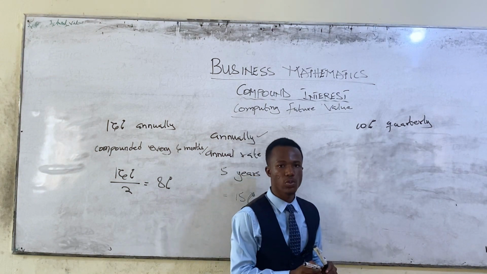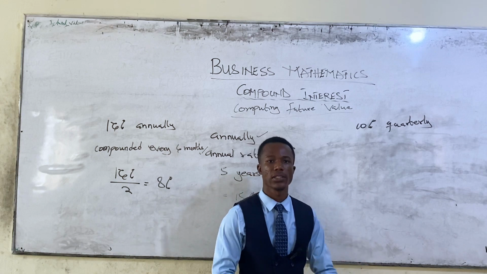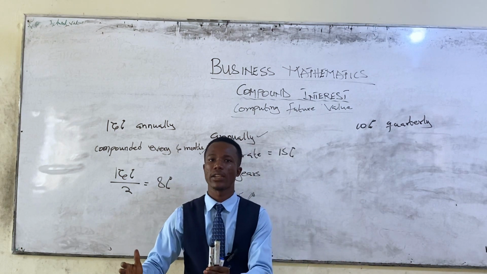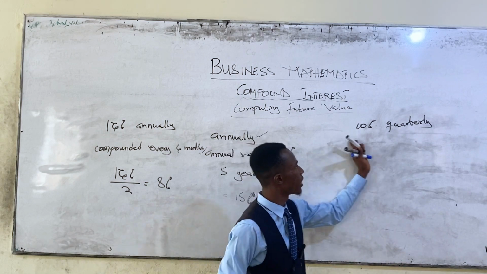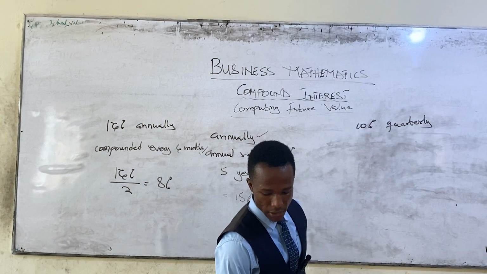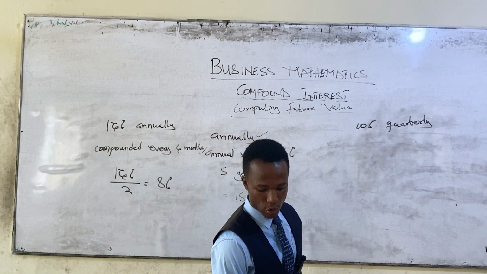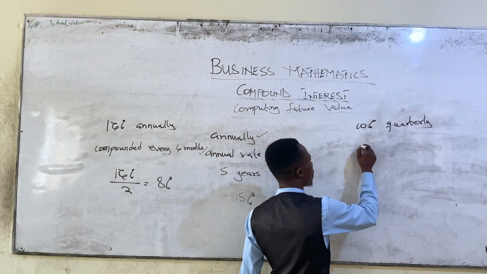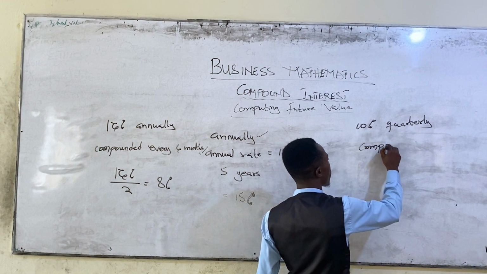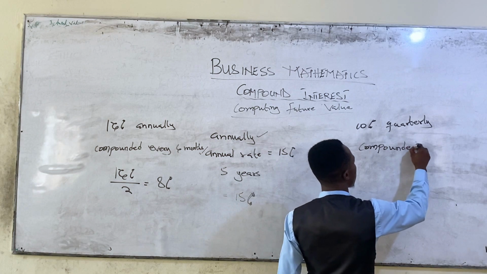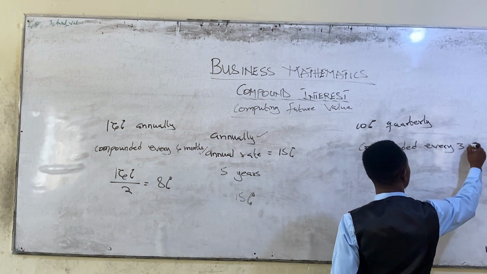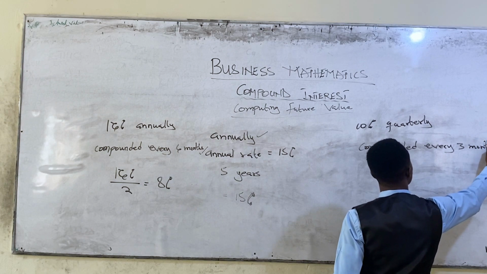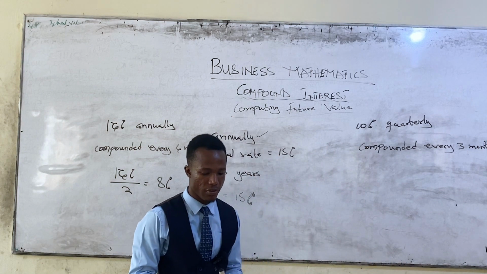So this 10% will be for the first 3 months, the next 3 months, and the next 3 months, so you complete the whole year. So this is the quarterly rate. Now they said the loan is compounded every 3 months.